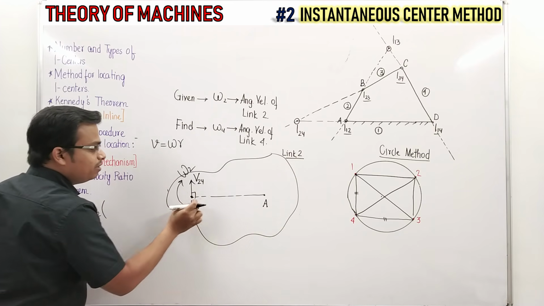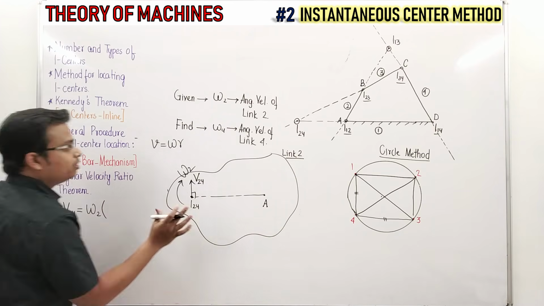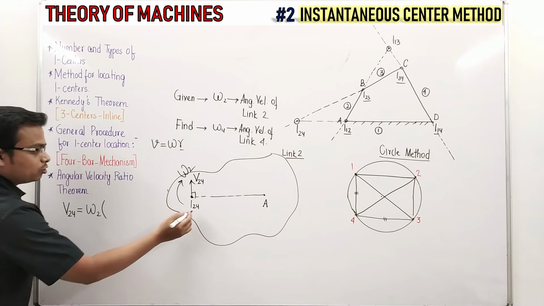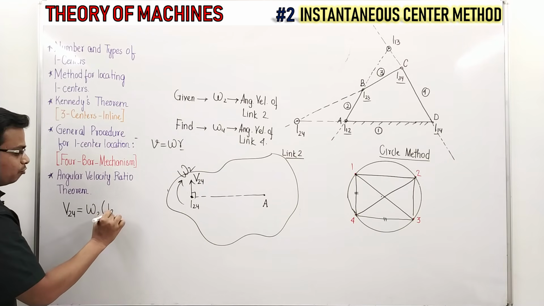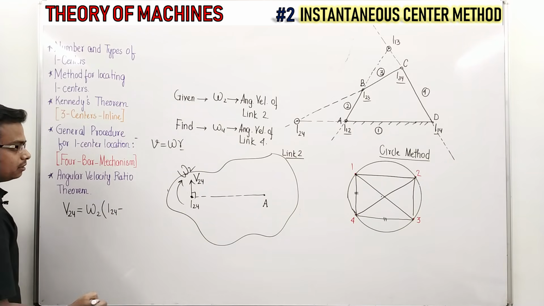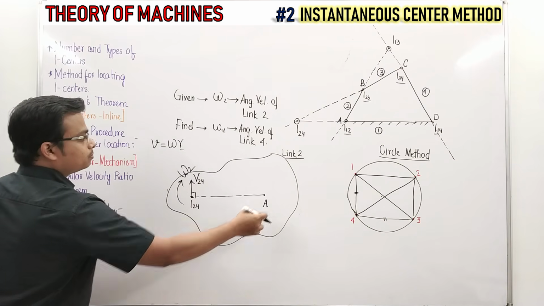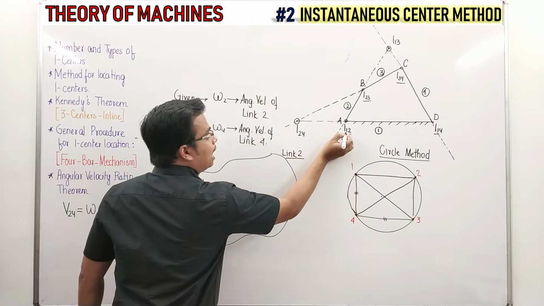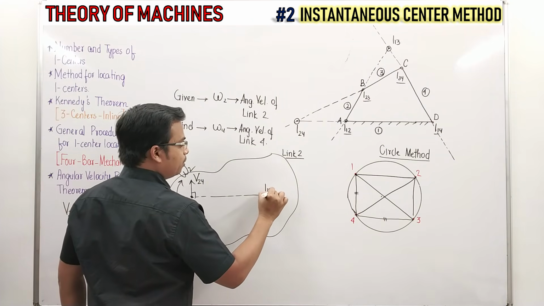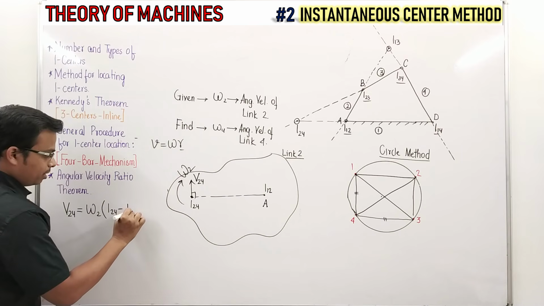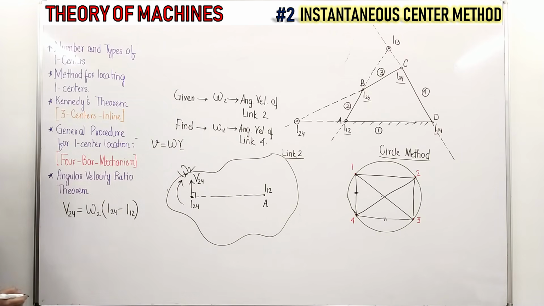The distance between them is the radius, which is I24 minus I12. So let me write this as I12.